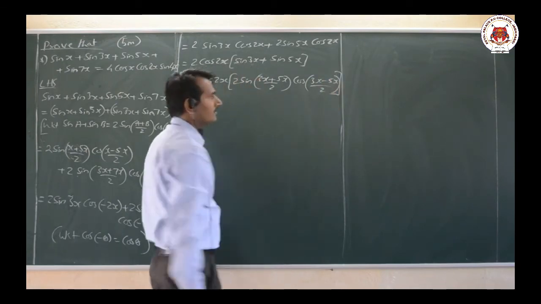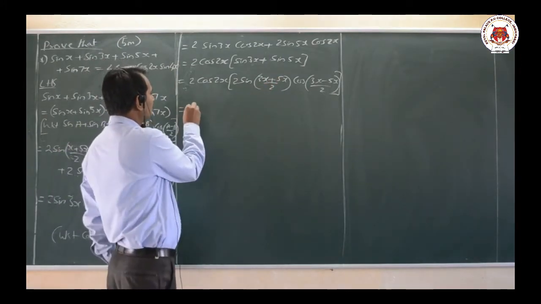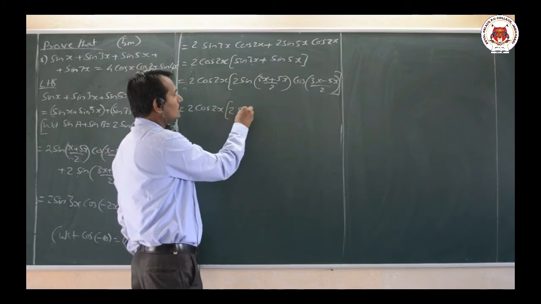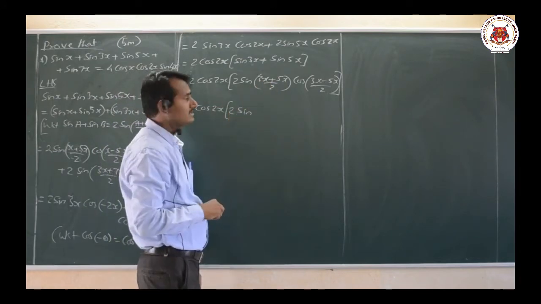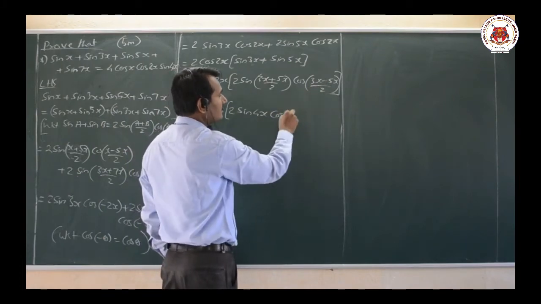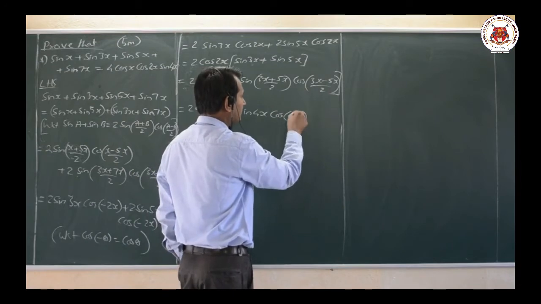That is 2 cos 2x into 2 sin of 8x by 2, that is 4x, into cos of minus 2x divided by 2, which becomes x.